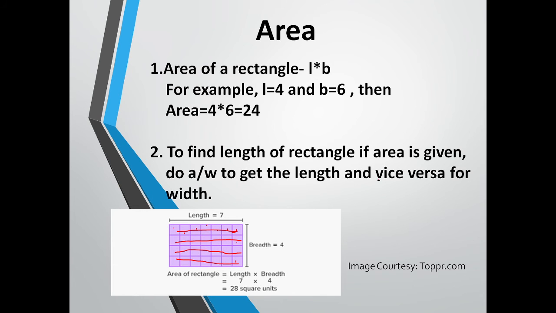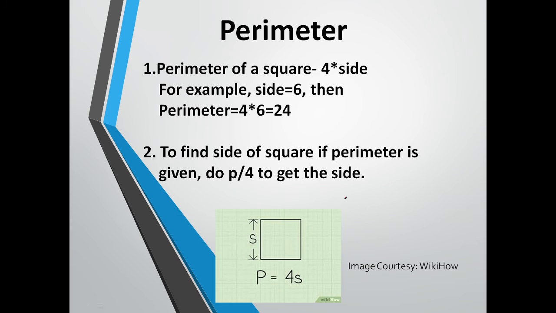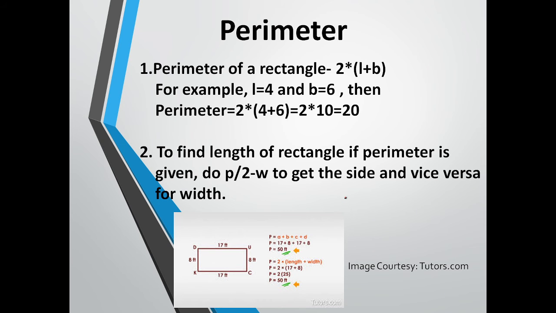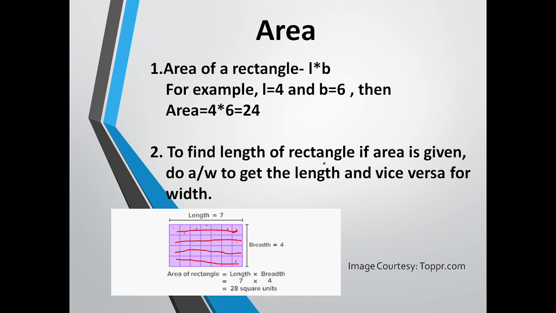To find the length of a rectangle, if the area is given, do A by W to get the length, and vice versa for width.